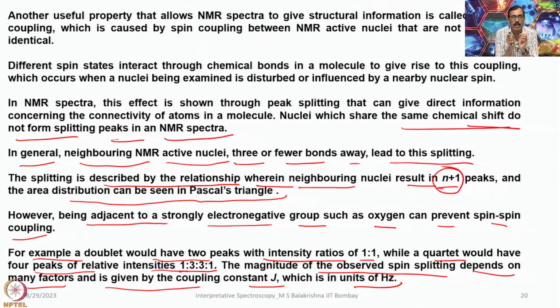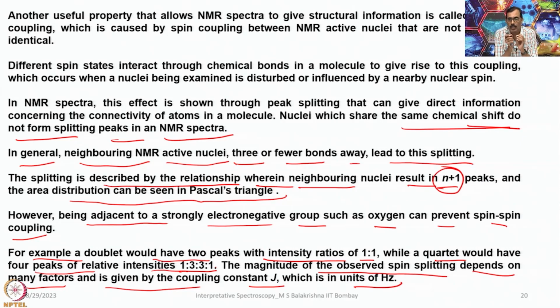In general, neighboring NMR active nuclei 3 or fewer bonds away lead to this coupling. In special cases, even if they are 4 to 5 bonds away, they can still interact and influence the splitting of the signal. The splitting is described by the relationship wherein n neighboring nuclei result in n+1 peaks.